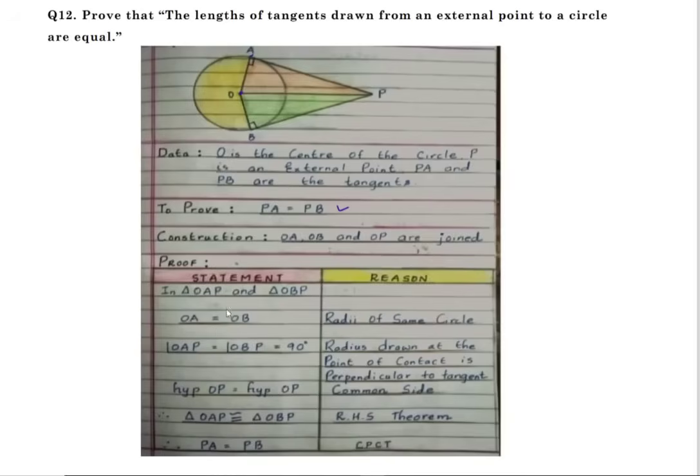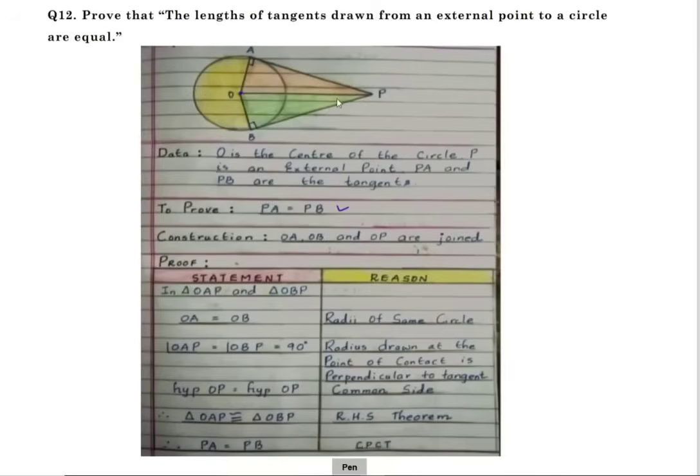Proof. Now going to the proof part, in triangle OAP and in triangle OBP. Take triangles OAP and OBP from the figure. By looking at the figure, in both the triangles, what is common?